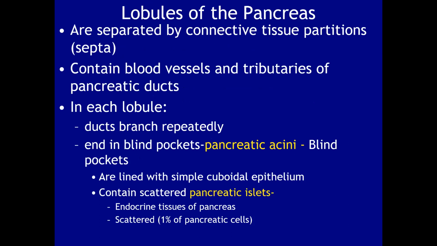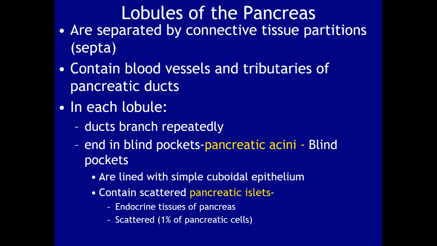As I noted before, the pancreas has these small kernel-like structures. These are called lobules. They have blood vessels. Each one of the lobules branches, and they allow for different products to be produced. Okay? So the endocrine tissue is also part of the pancreas.